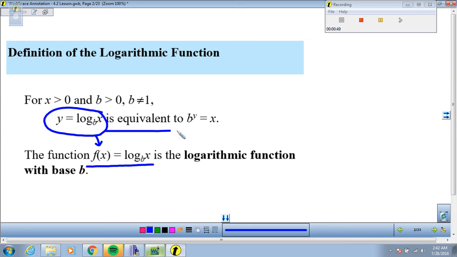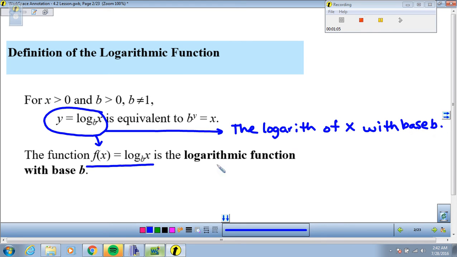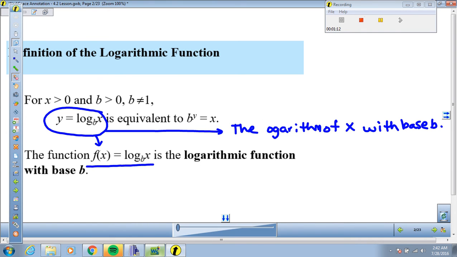You can also read this as the logarithm of x with base b. Here it says the logarithmic function. Wait, there's an n here, there should be an n. You can also call this the logarithm.